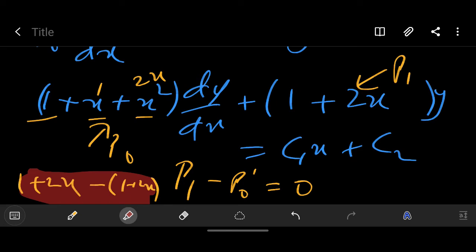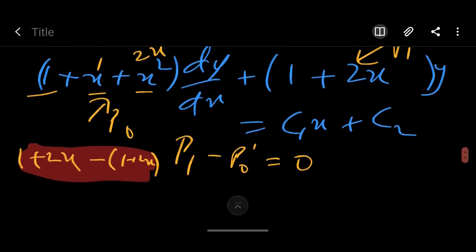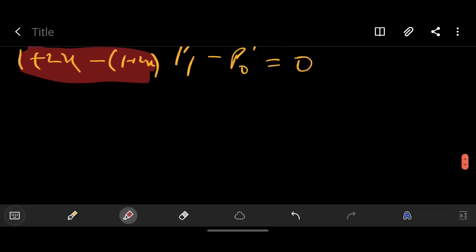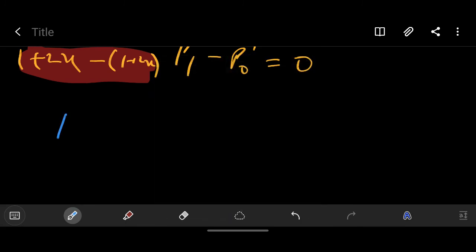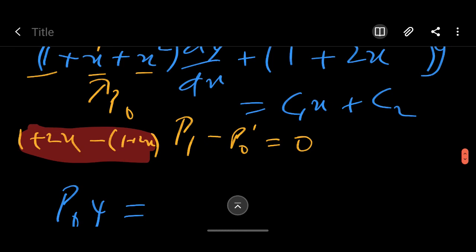So if we integrate this whole thing again, we will get P naught y only, which is equal to, on the right side, we got C1x plus C2.